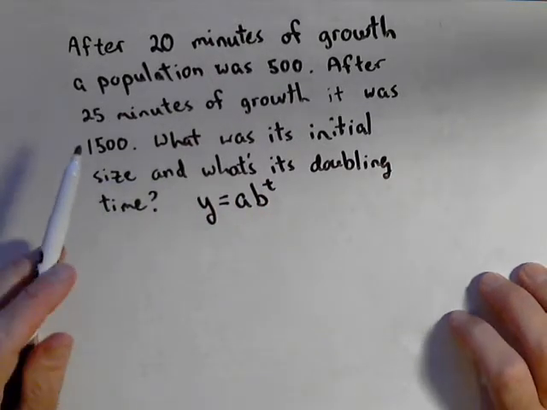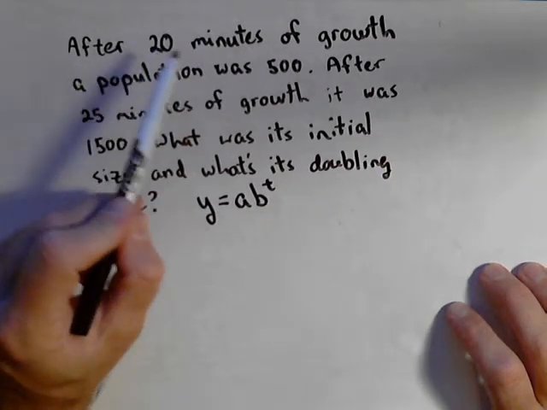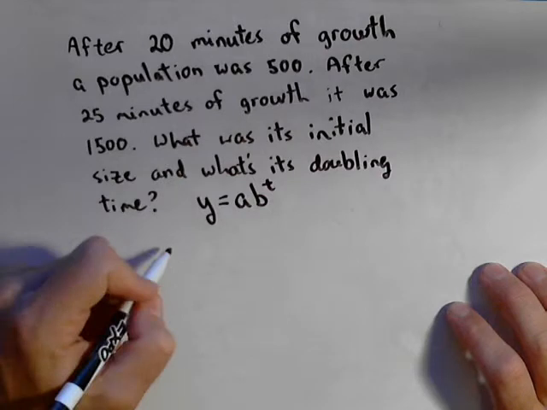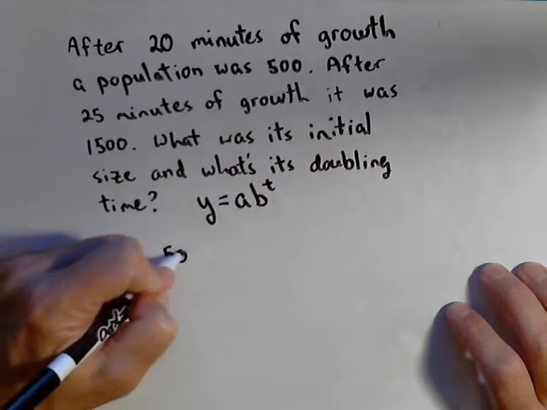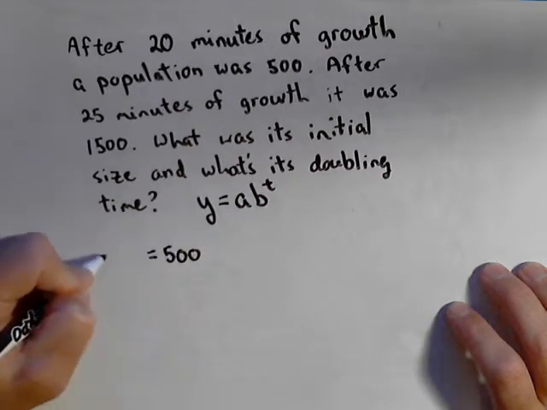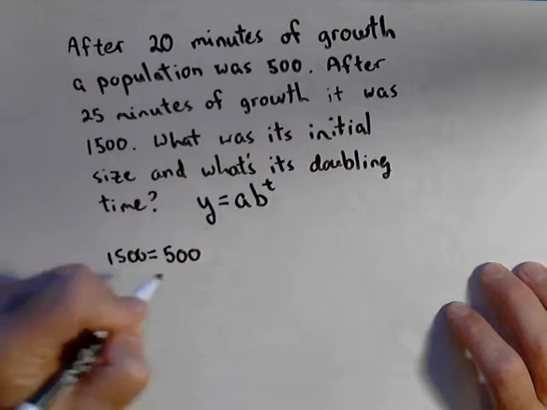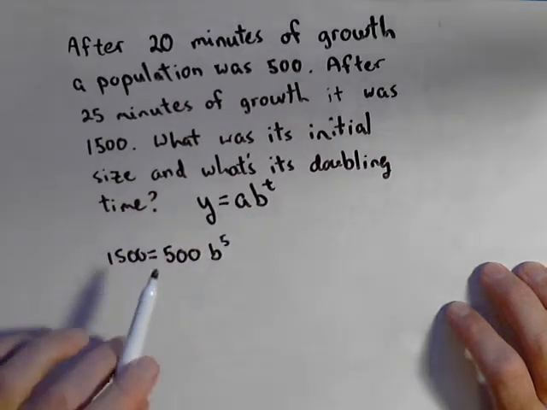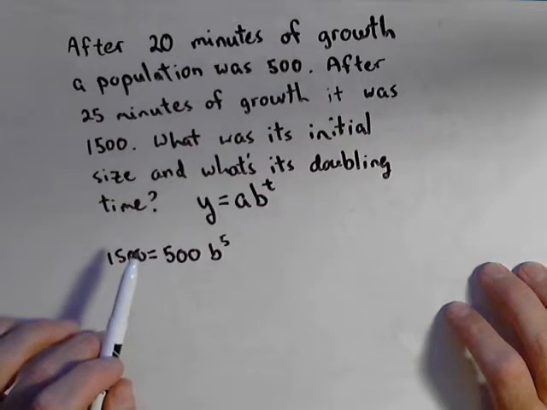And a slick way we can do this is we can act as if 20 minutes is our initial, to speed things along. So I can say, well, to go from 500 to 1,500, it took 5 minutes. That's enough information for me to find my base.